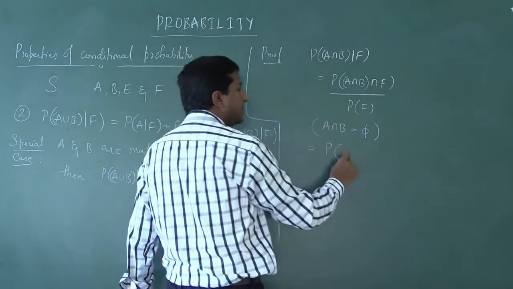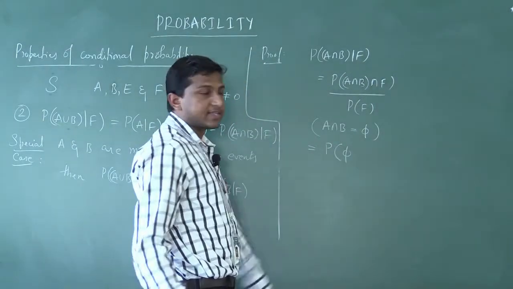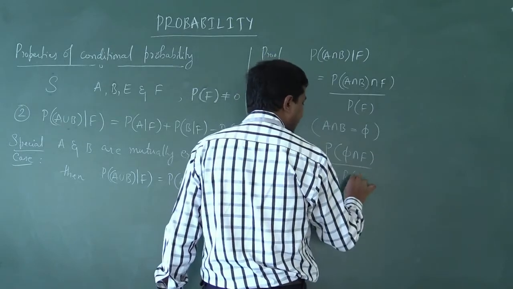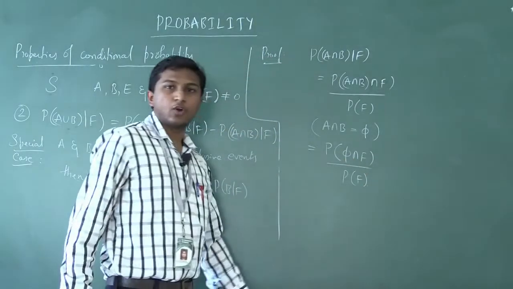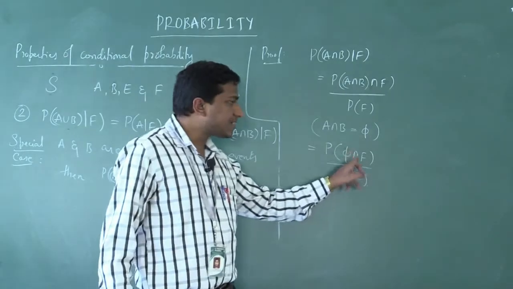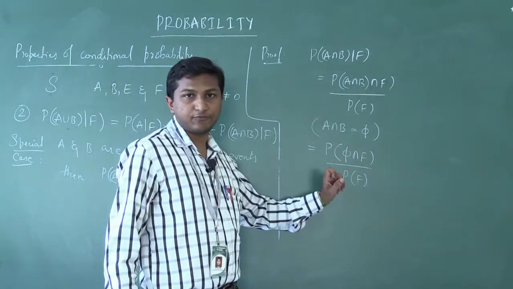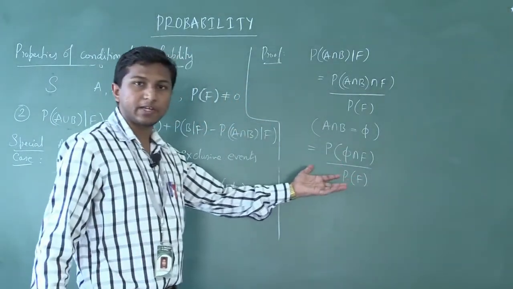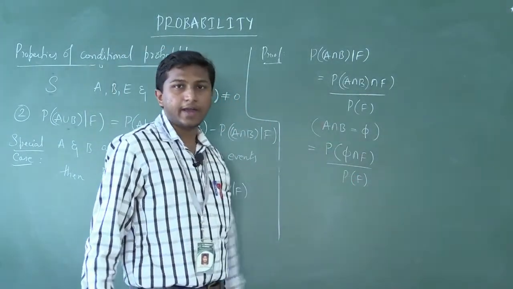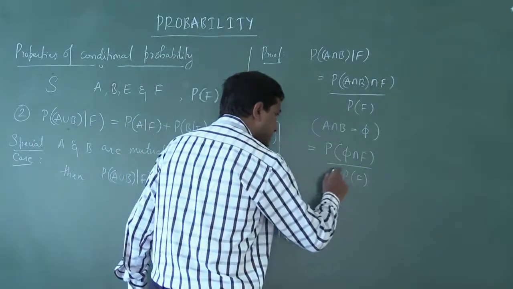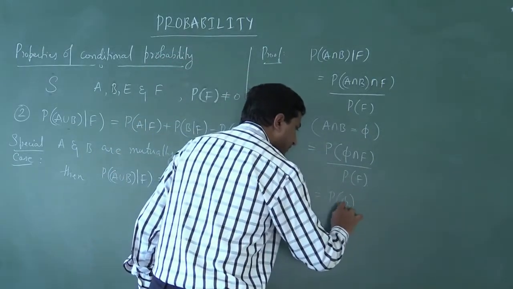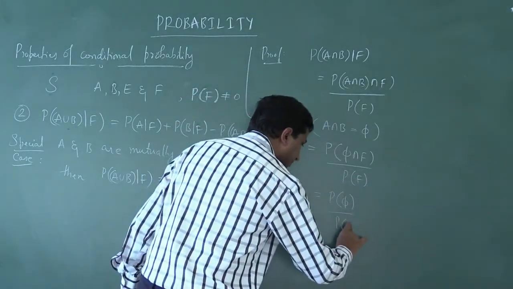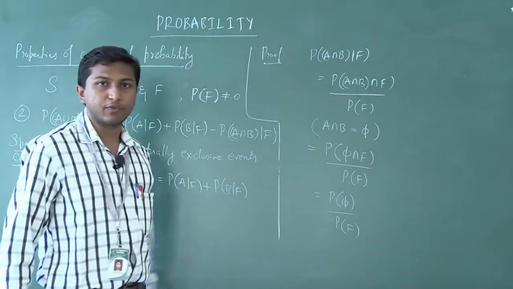We have P of the empty set intersection F whole divided by P of F. Further, empty set intersection F is again the empty set, because there are no common elements between the empty set and set F. Hence this becomes the probability of the empty set divided by the probability of event F.